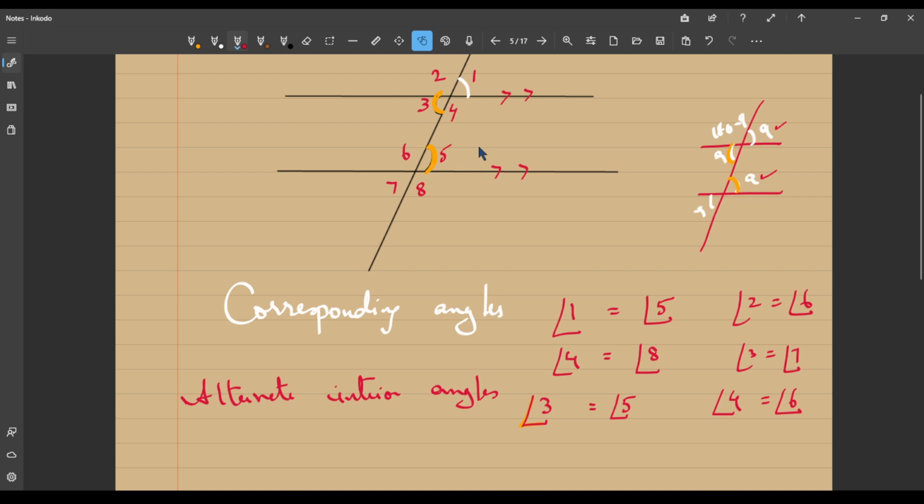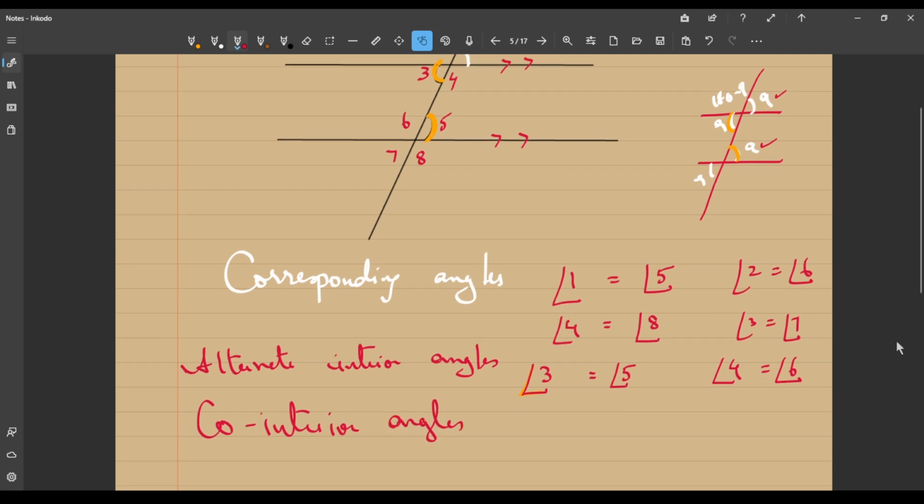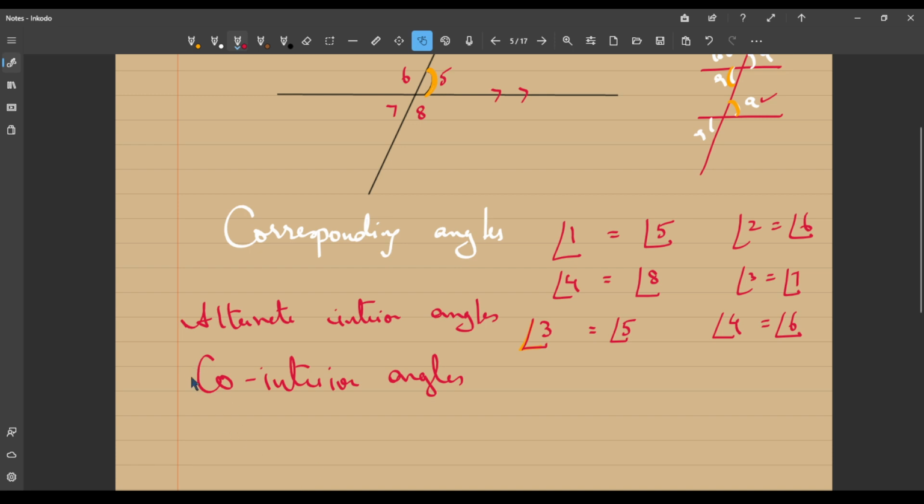The other term which is used is consecutive interior angles. Of course, consecutive interior is not used commonly. We use the short form, co-interior angles, also called angles on the same side of the transversal.